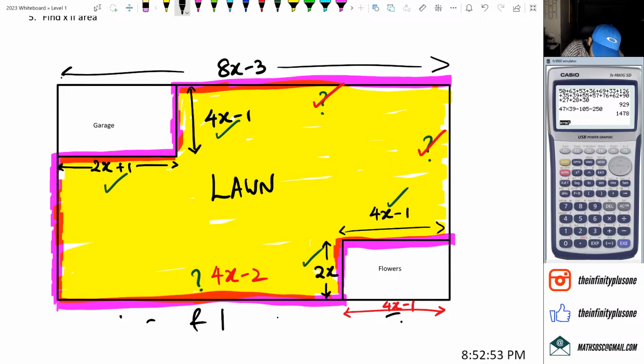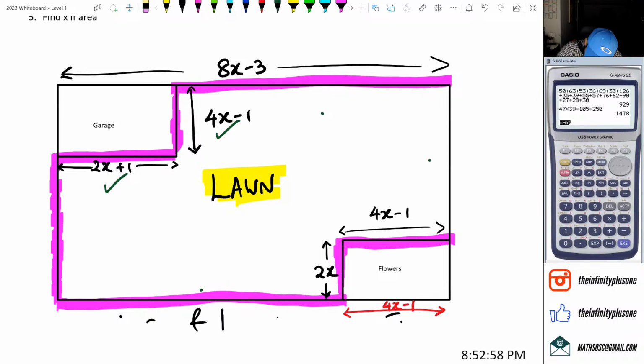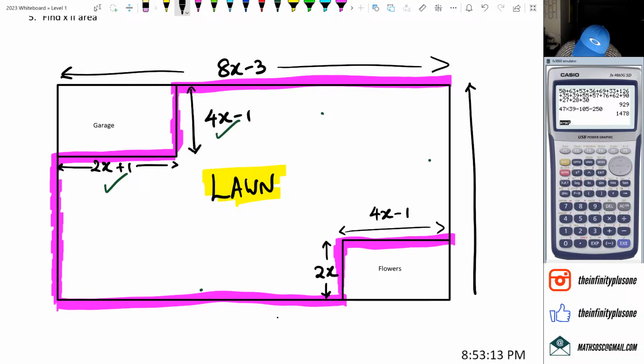What am I missing here? Last question, guys. Just give me a second. I just want to write it up. Pink line. What am I missing? 2x, 4x plus 1. 2x plus 1. Yep, got everything here.